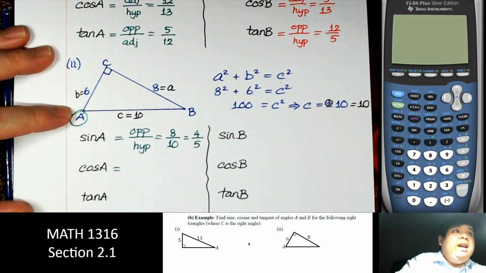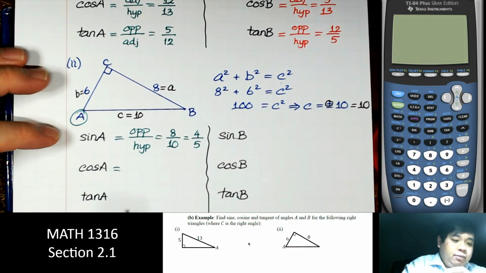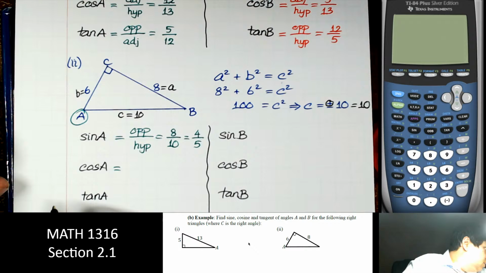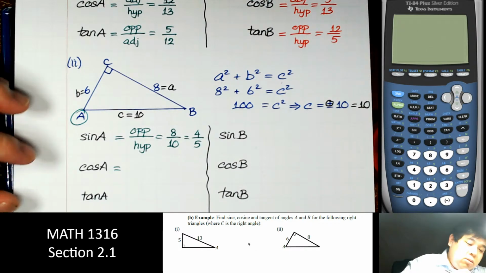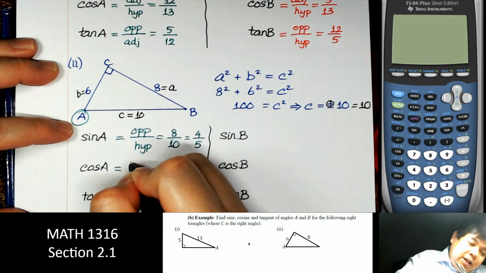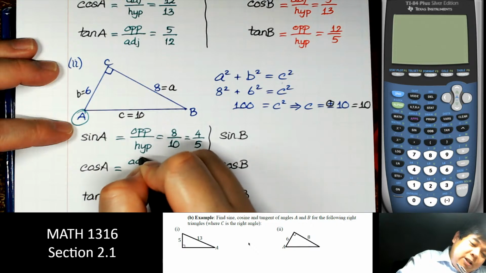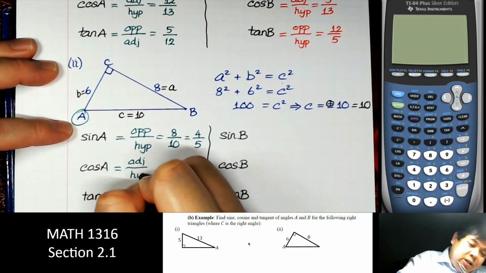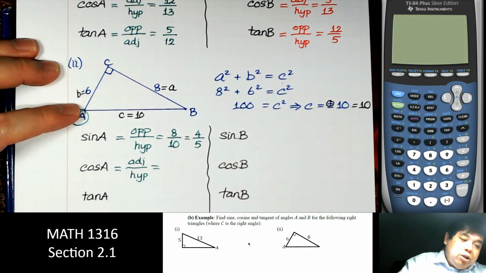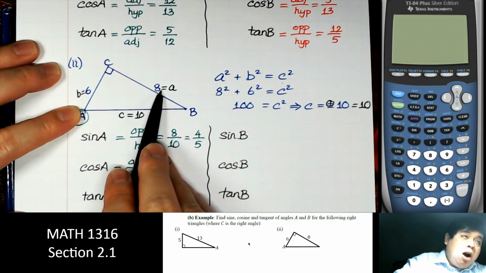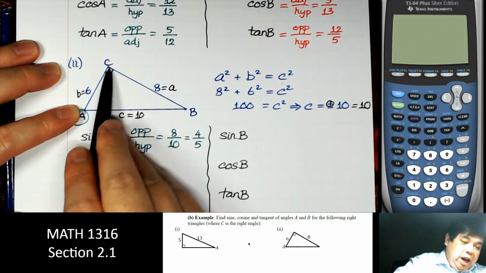Right. Next, cosine. Adjacent over hypotenuse. With respect to angle A, that is opposite. This is adjacent to the angle.